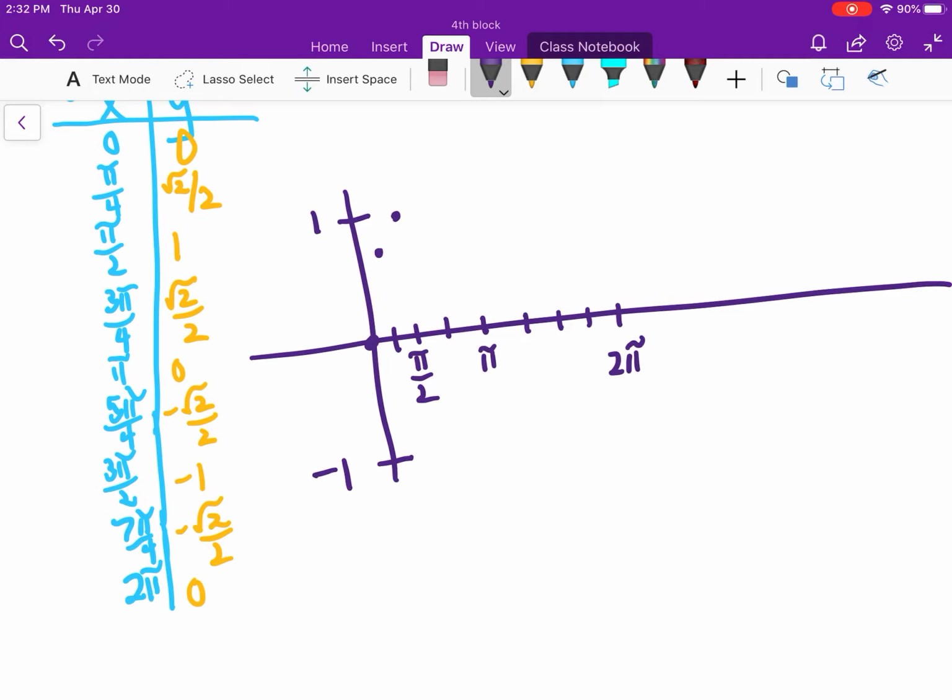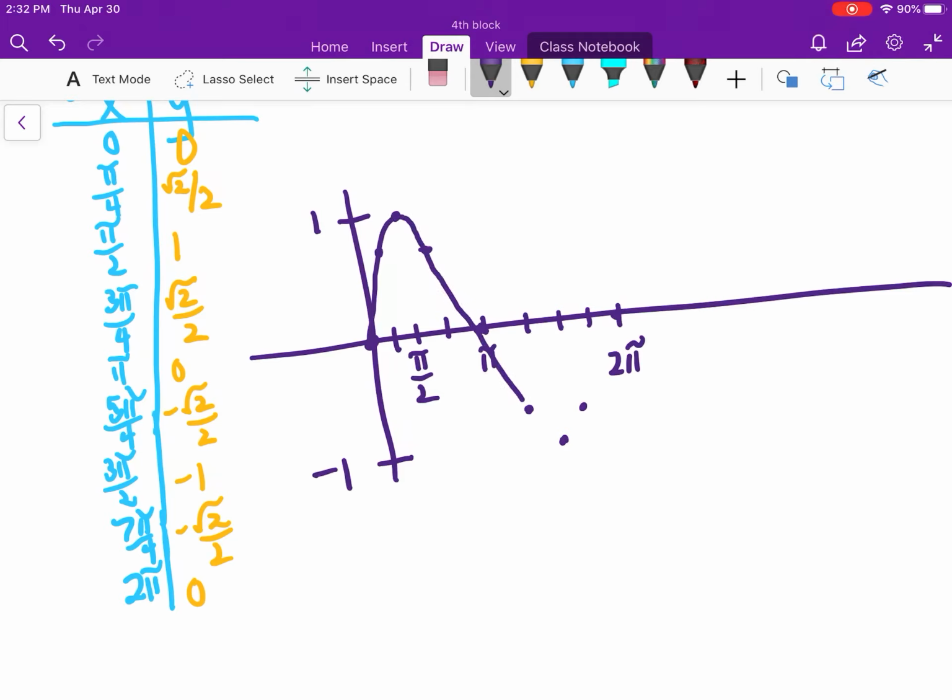Pi over 2, it's at 1. And then at 3 pi over 4, you're at that same radical 2 over 2 again. Pi is 0. And then we start to go down. So it's going to be a negative 0.71. And then negative 1. And then back to that negative radical 2 over 2. And then 0.